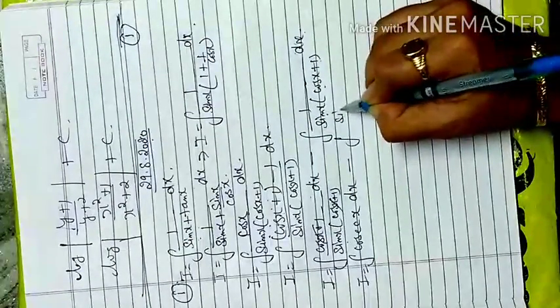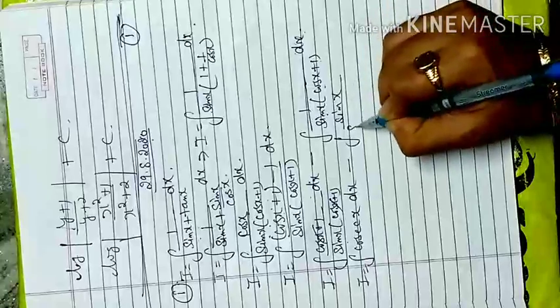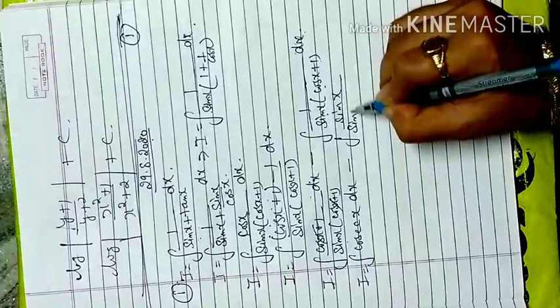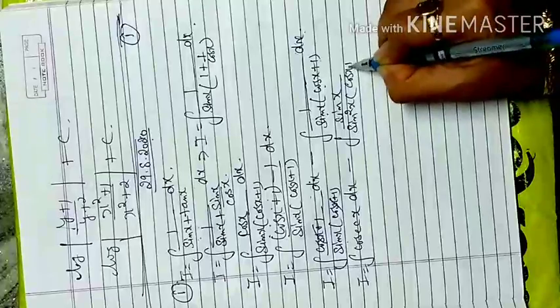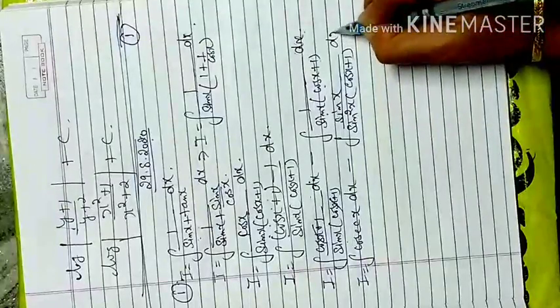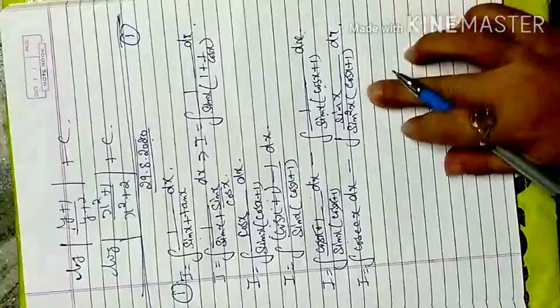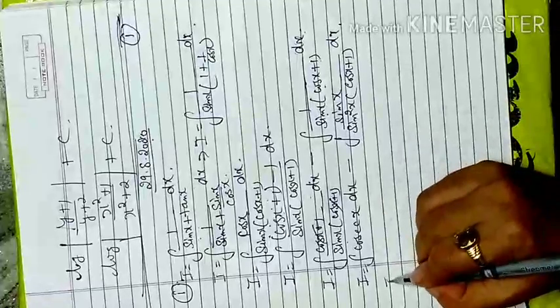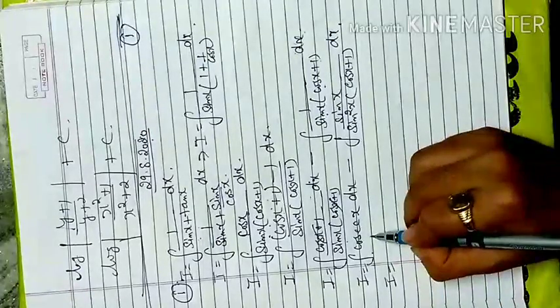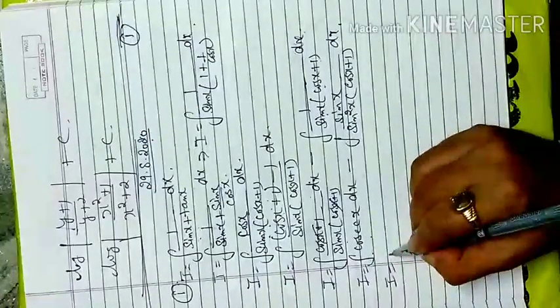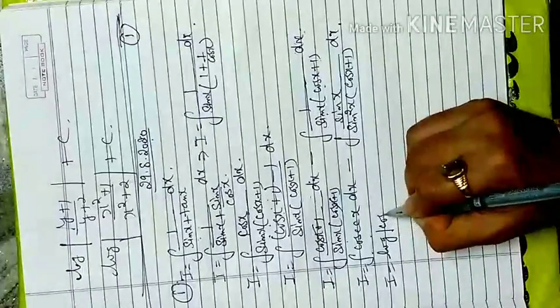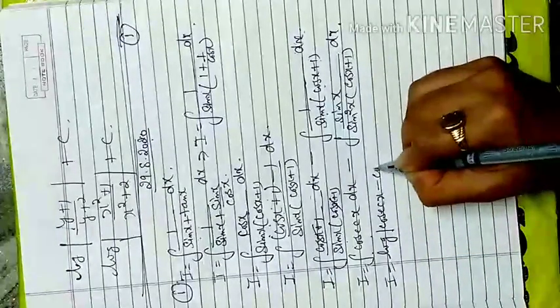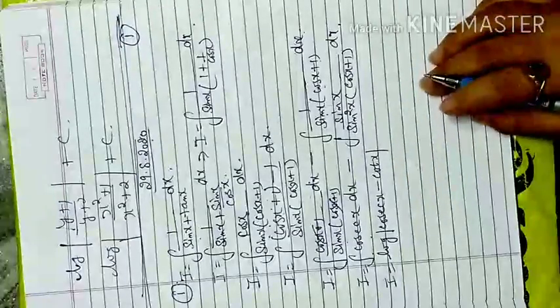So when I multiply sin x by sin x, the new denominator becomes sin square x, then cos x plus 1, dx. Now I can easily convert sin square x into cos x form, and for the integration of cosecant x, I have the direct formula: log of cosecant x minus cot x. Here I can directly apply the formula.